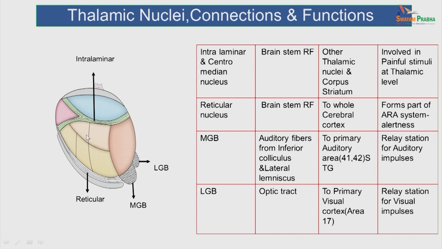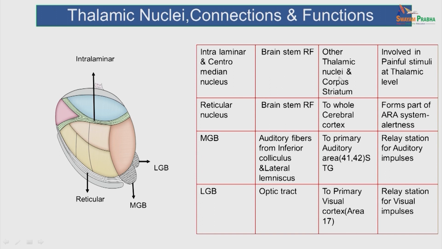Then you have the other nuclei that are present in the thalamus. Within the intramedullary lamina, we have the intralaminar nucleus and also the centromedian nucleus. The afferents are from the brainstem reticular formation.